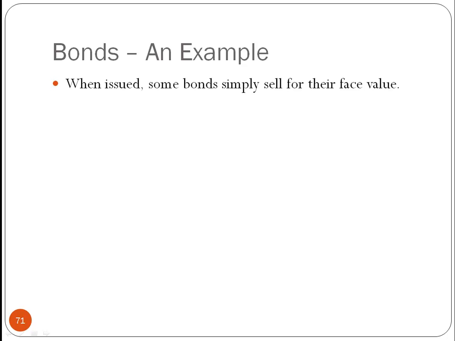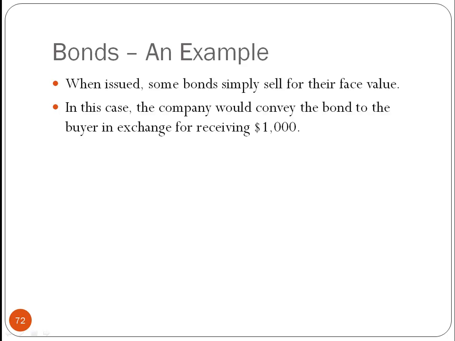Now when issued, some bonds will sell for their face value. What will the market actually value them at? In this case, the company would give the bond to the buyer, and it would receive $1,000.